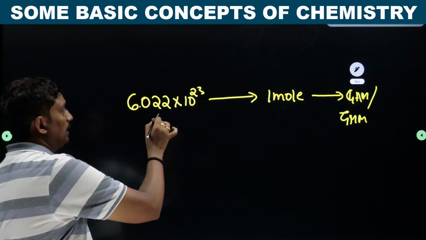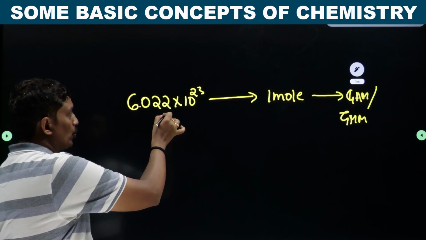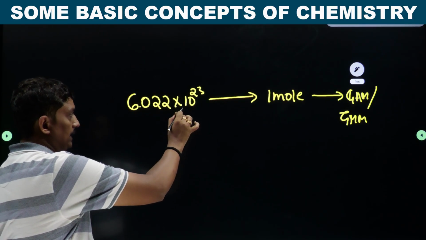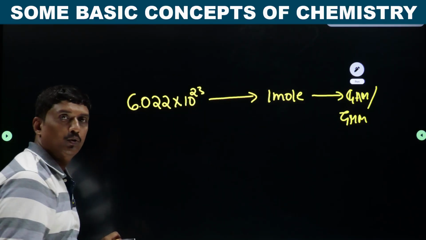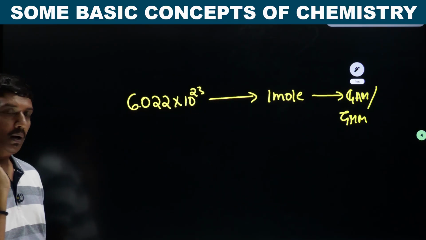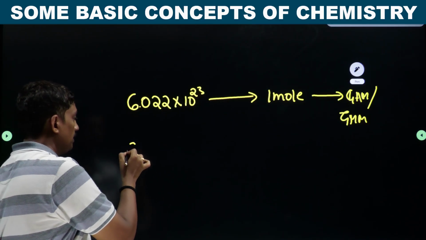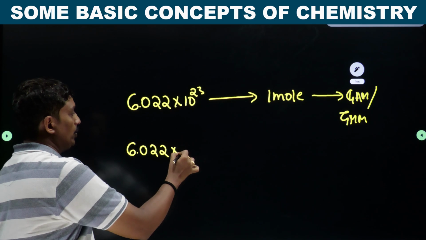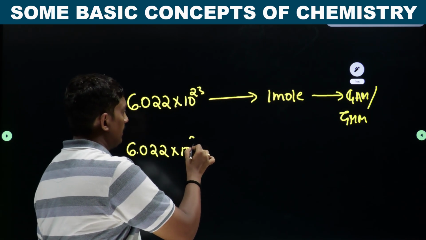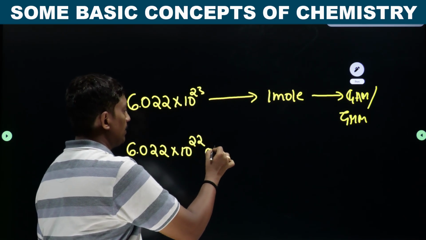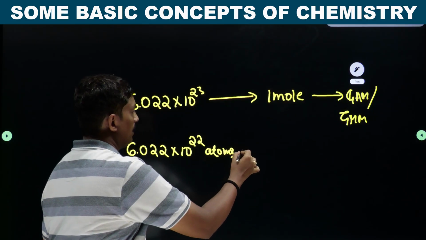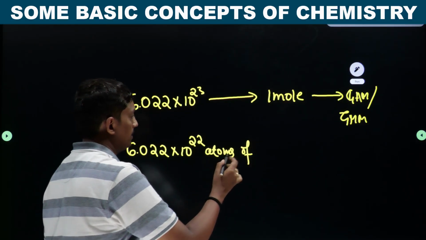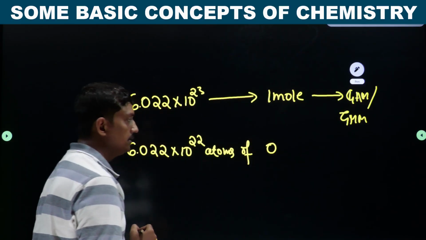See, 6.022 into 10 to the power 23 atoms or molecules is equal to 1 mole. Observe. I have given 6.022 into 10 to the power 22 atoms of oxygen.